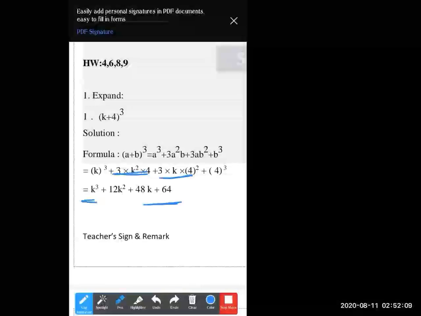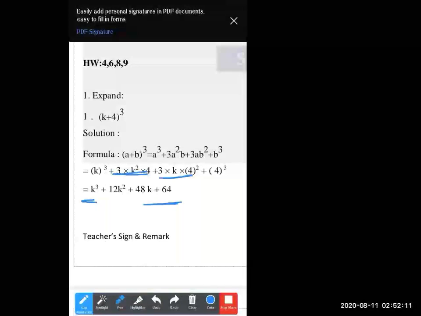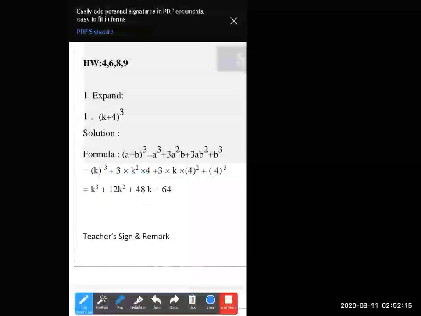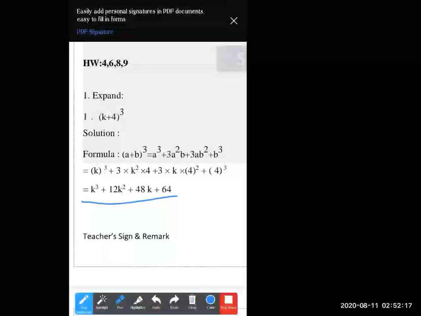So cube of 4 is 4 into 4. 4 fours are 16, 16 fours are 64. So finally you will get the answer of k cube plus 12k square plus 48k plus 64. I hope you people have understood.